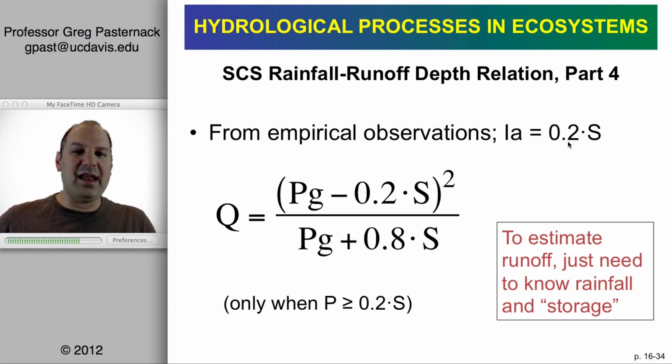So knowing that, and I can only imagine what the scatter plot would look like for an analysis like that, but nevertheless, you can take that equation, substitute it in, and now we've reduced the equation down to 2 unknowns. So to estimate runoff, if we know what rainfall amount we're interested in, then all we have to do is estimate something about S. How do you determine what that capacity is?